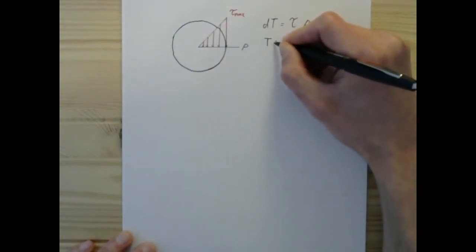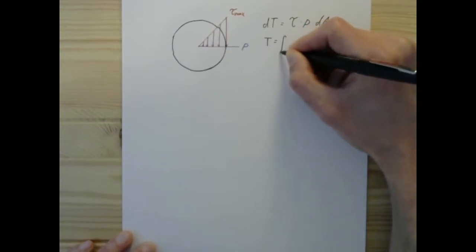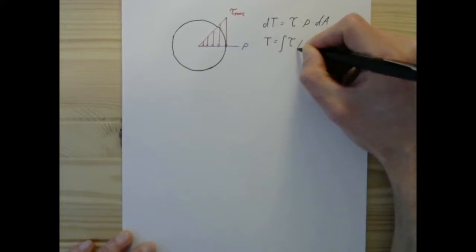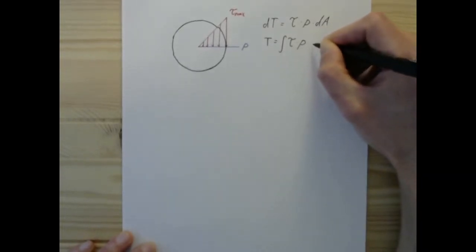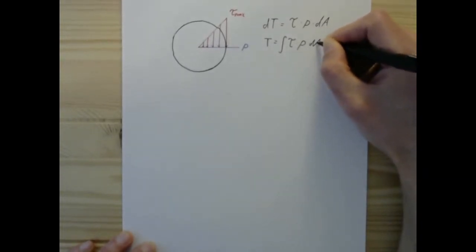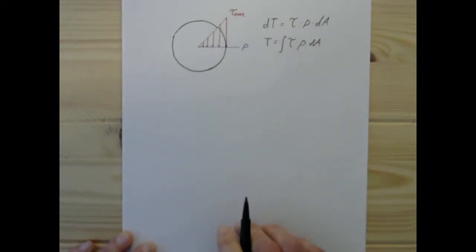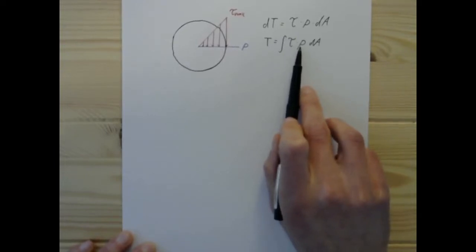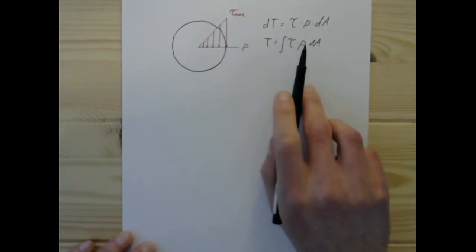Torsion caused by this stress distribution is going to be the integral of the shear stress times the distance with respect to A. Now, fortunately, we just found out how to get our shear stress as a function of our distance from the centroid.